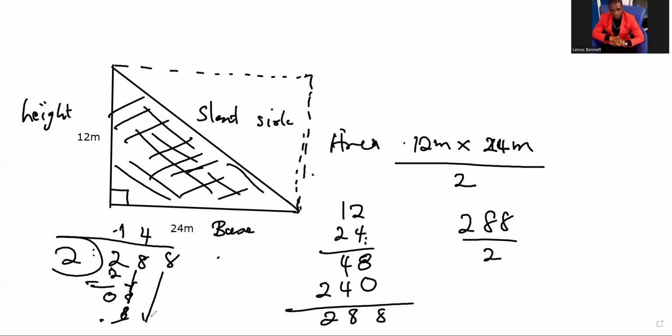Carry down another 8. 2 into 8, 4 times. So it's 144 square meters. And that is our answer. Make a note of it, please.